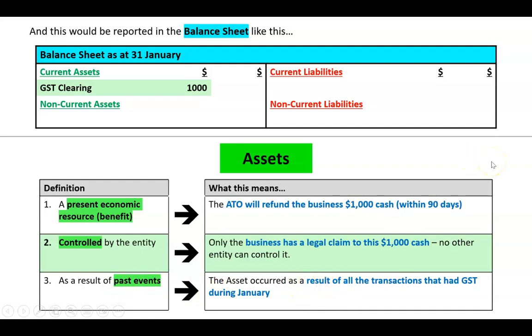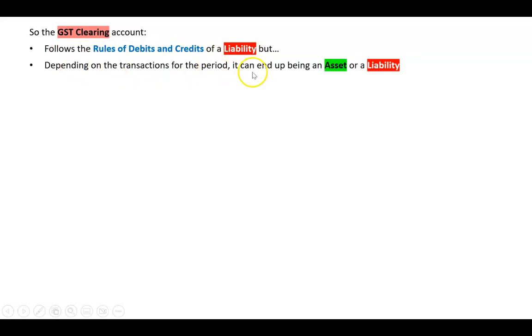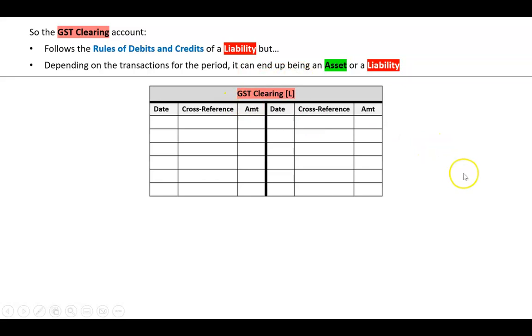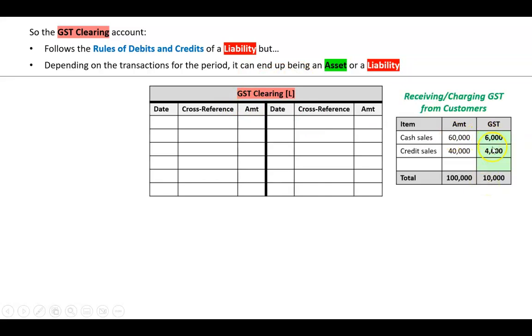So that's really complicated. We've learned a lot in this video, so let's just try and summarize it. The GST clearing account is the name of the ledger for GST. It follows the rules of debits and credits of a liability, but depending on the transactions for the period, it can end up being an asset or a liability. So let's take that first situation. We had sales over here, and the GST clearing account, the liability account, went up.